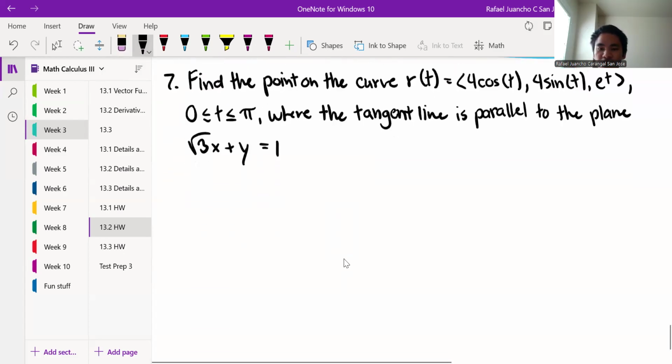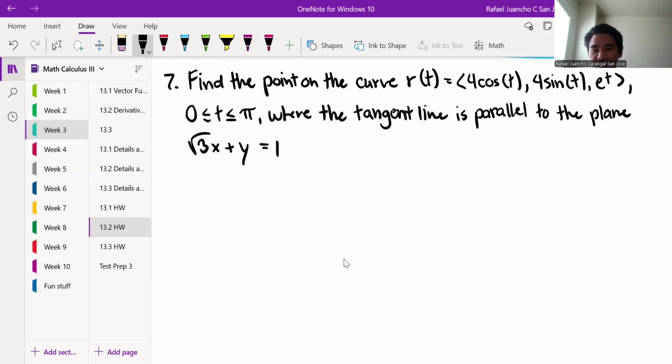So how do we find the point on the curve? Let me think for a bit. Here we're given a vector function that gives us a position. And another piece of information we have is the tangent line is parallel to a plane. What can we extract from the plane here?